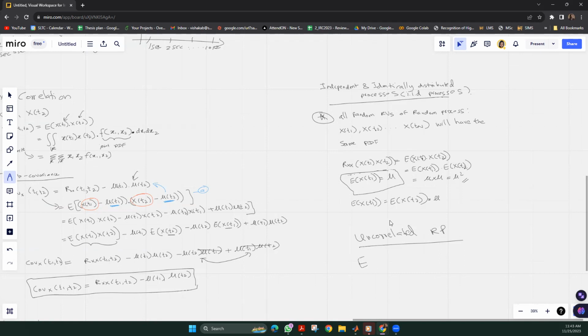The definition was that the expectation of the product between the two random variables, xt1 let's say and xt2, should be equal to the product of the individual expectations: expectation of xt1 and expectation of xt2.